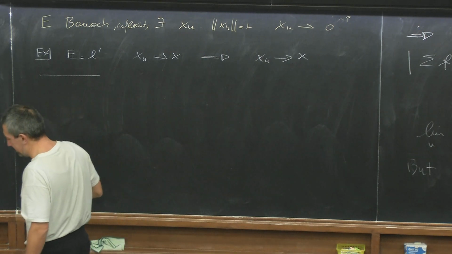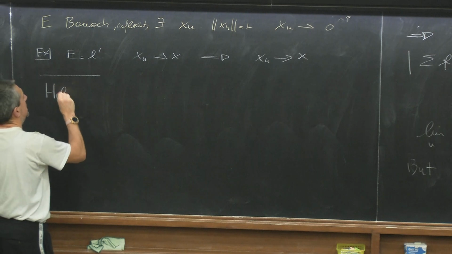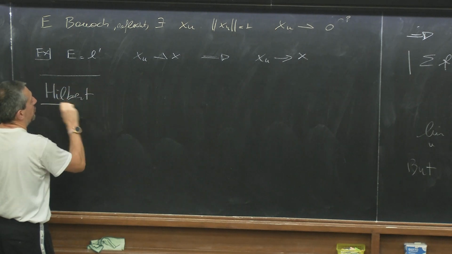Yes, so what do I do? Okay, if you want to have something easier, then you can take Hilbert. Then we can manage. So for Hilbert it is easy, no? What do you do for Hilbert?